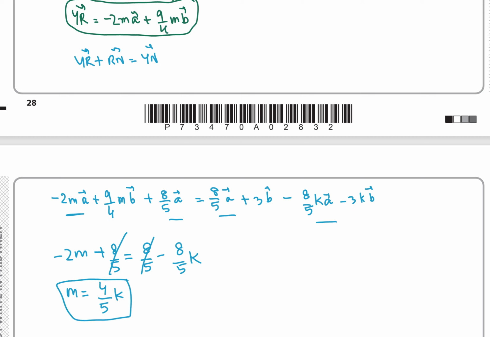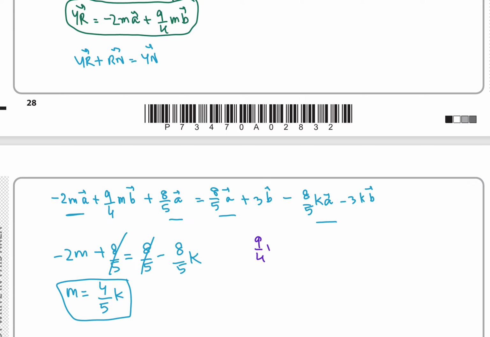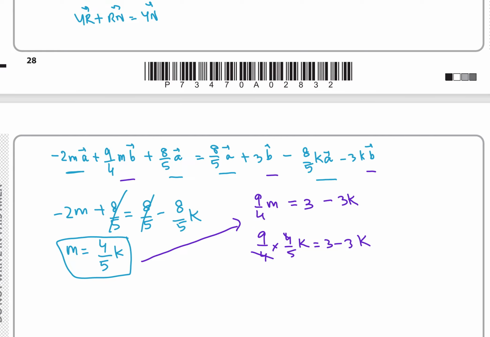Okay, so the next bit, using the b parts, we can write 9 over 4m, that's b, and then b, and then b, and that equals 3 minus 3k. So I will substitute this value of m here. So I can say 9 over 4 times 4 over 5k is equal to 3 minus 3k, and then 4 and 4 get cancelled.